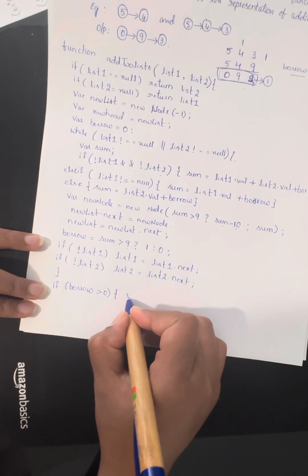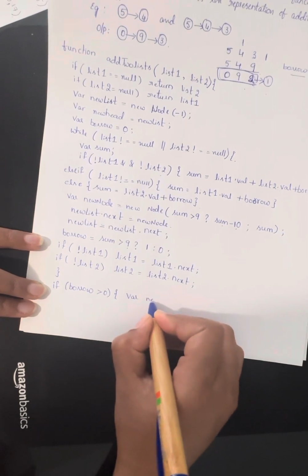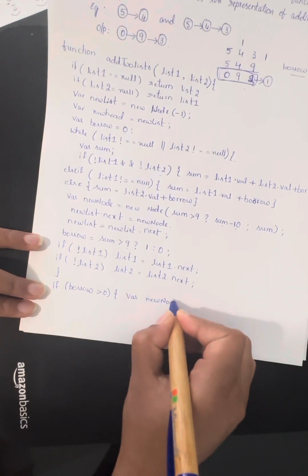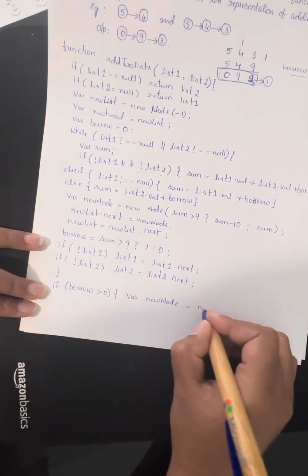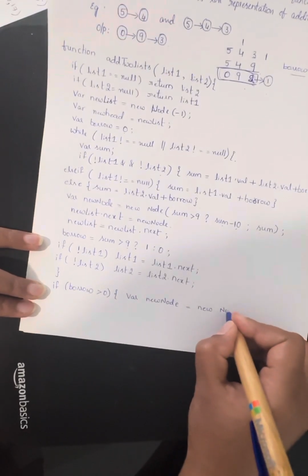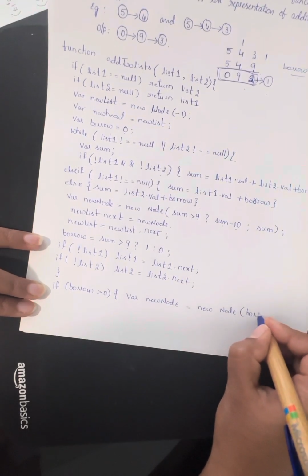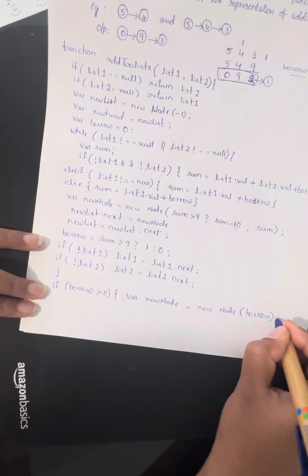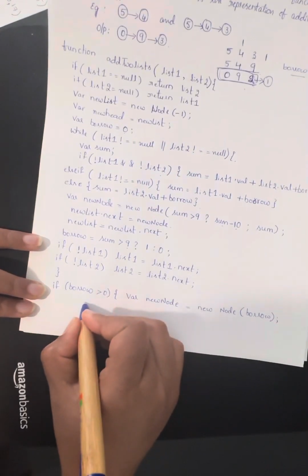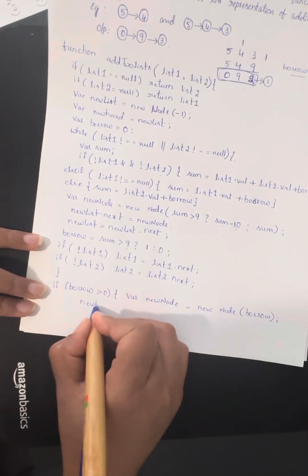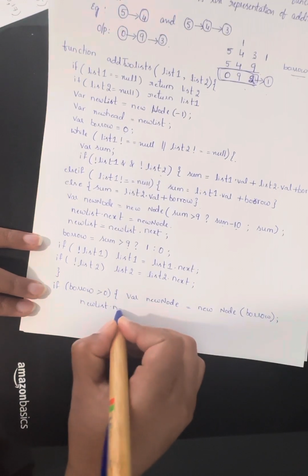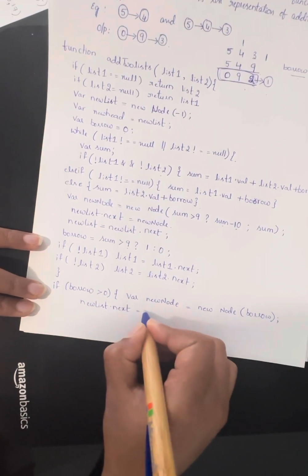So var new node equals new node and its value is equal to the borrow, and new list dot next is equal to new node.